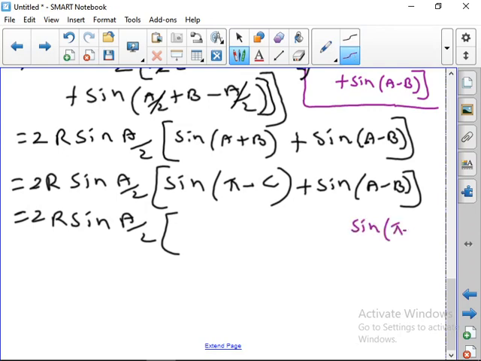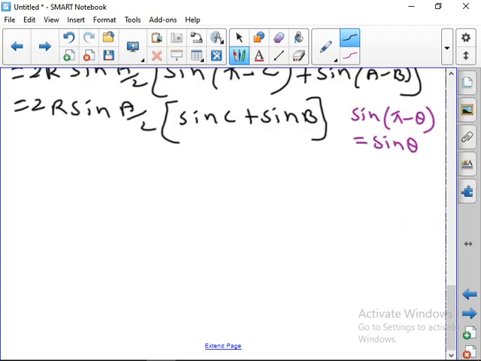Sin pi minus theta. What is it? Second quadrant. Sin is positive. Pi now 180 even, so it does not change. So what will you get? Sin theta only. Okay. So what do we get? Sin C plus sin B.